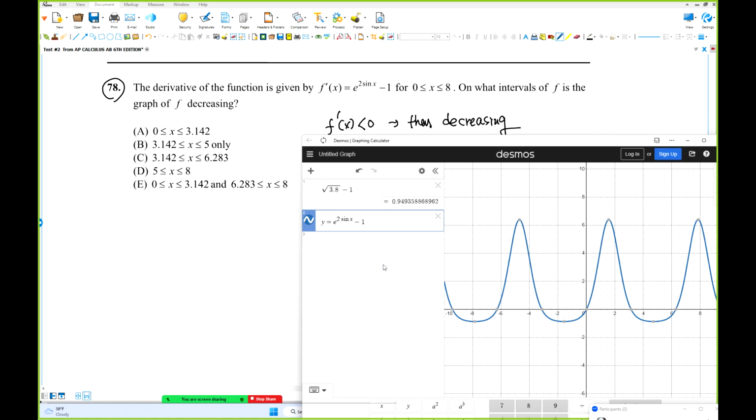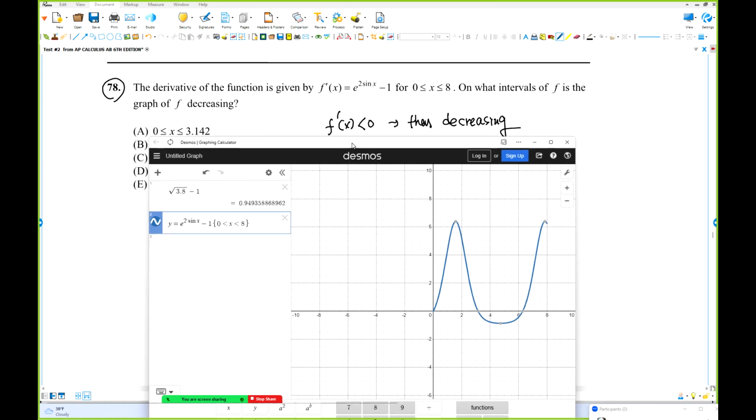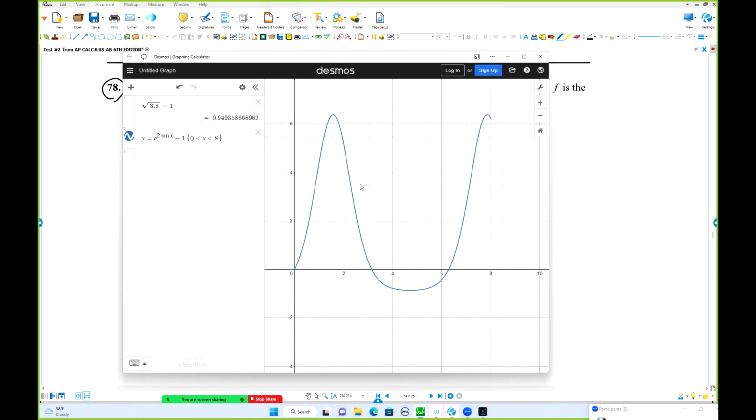I'm going to separate 0 to 8, like this one. That's the graph. We're going to find where it decreases, right? That's the graph over here.